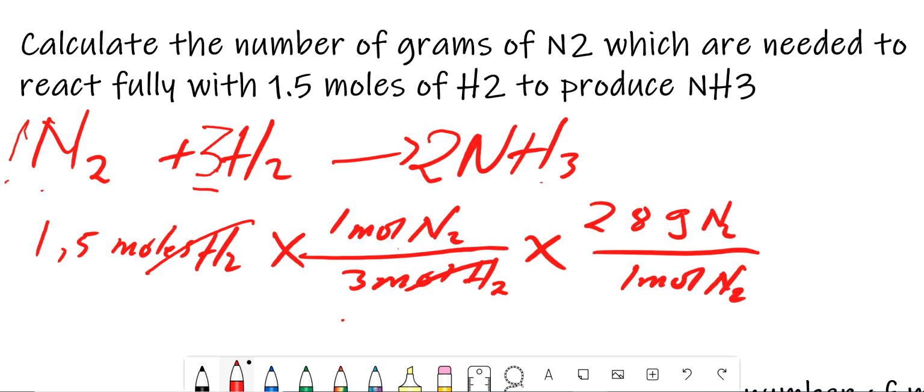This is the molar mass. I already explained this expression in the previous video. I will put a link in the description. Then 1 mole of nitrogen cancels out with 1 mole of nitrogen, and your answer will be 28 grams of N2. That's it, done.